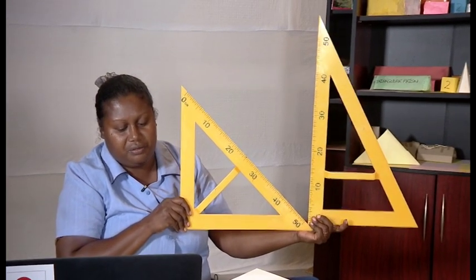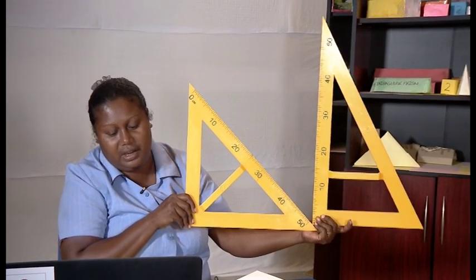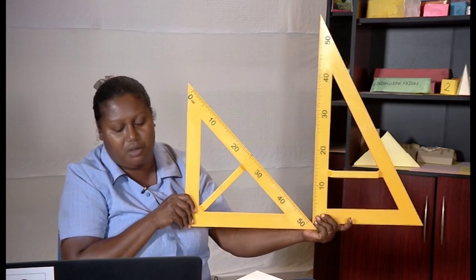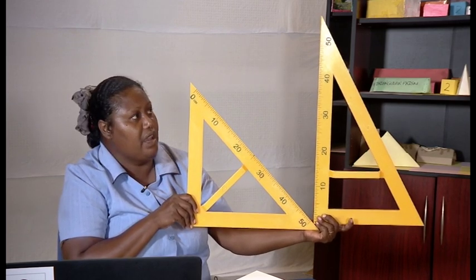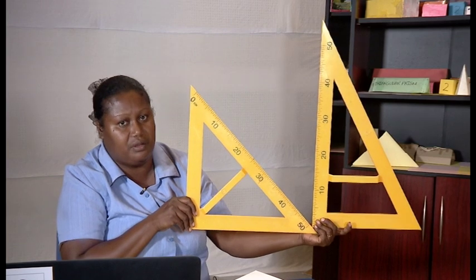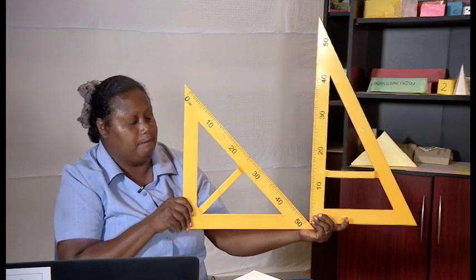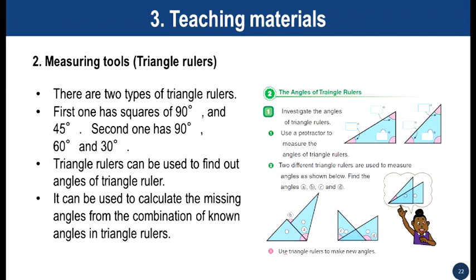These two triangle rulers can be used to calculate the missing angles from the combination of known angles of triangles. So we have an example here on this slide where we see task 1.